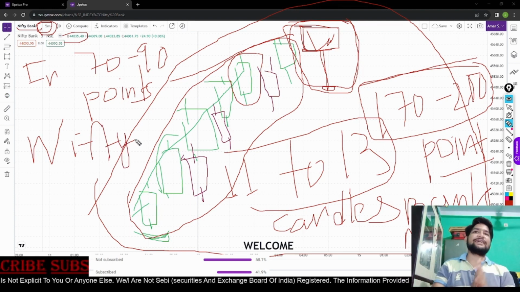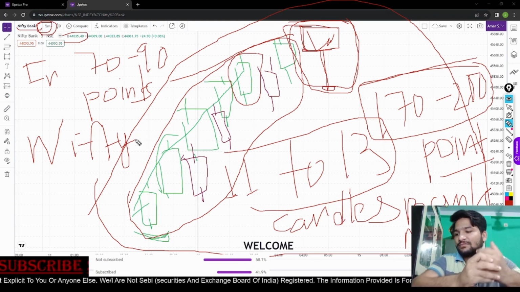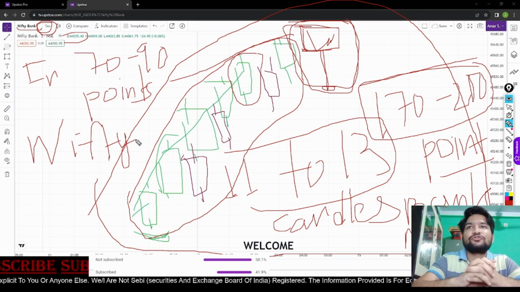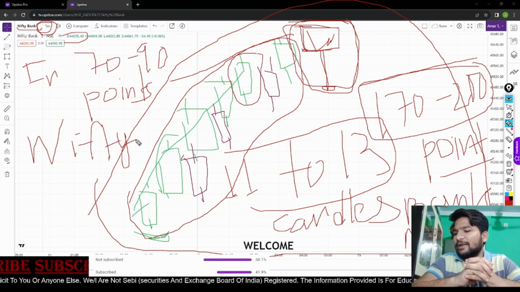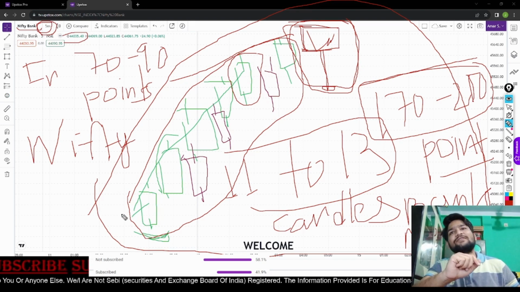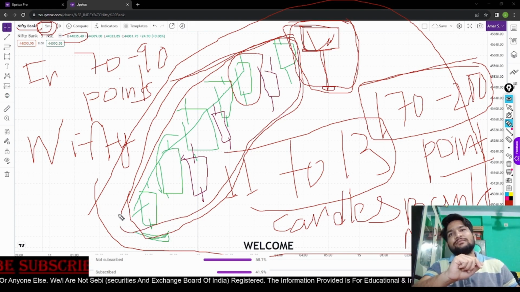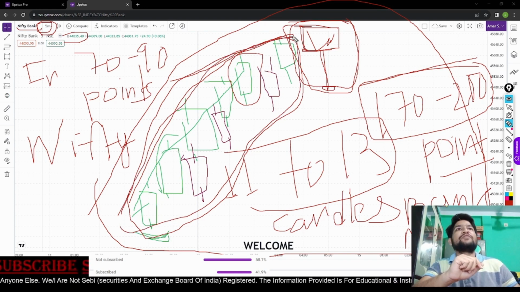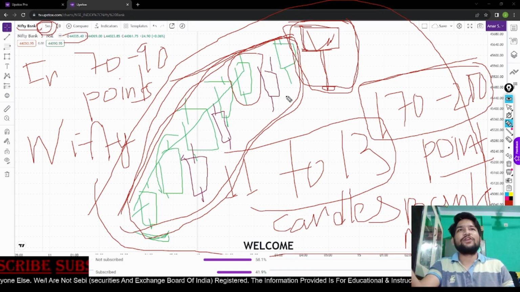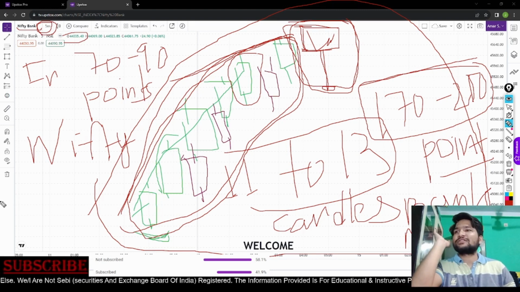And if you are trading stocks, like I know most of my viewers have been trading in equity, so for stocks there can be a 1% prior movement. If it were a stock, this would look like a 1% movement, or 1.5% movement, or 2% movement, minimum 1.5% movement in equity.